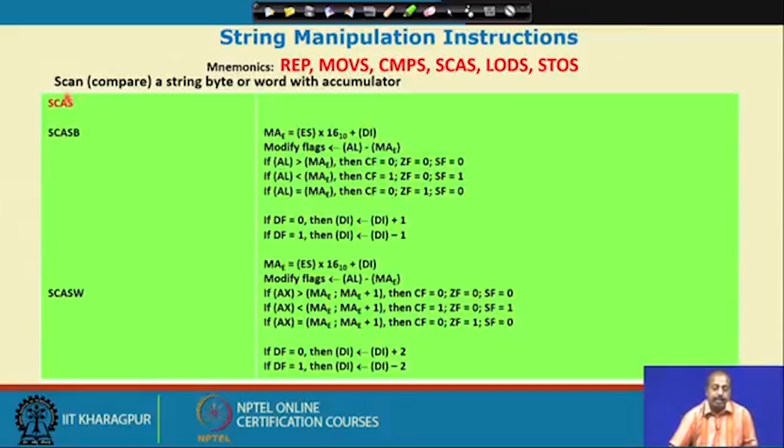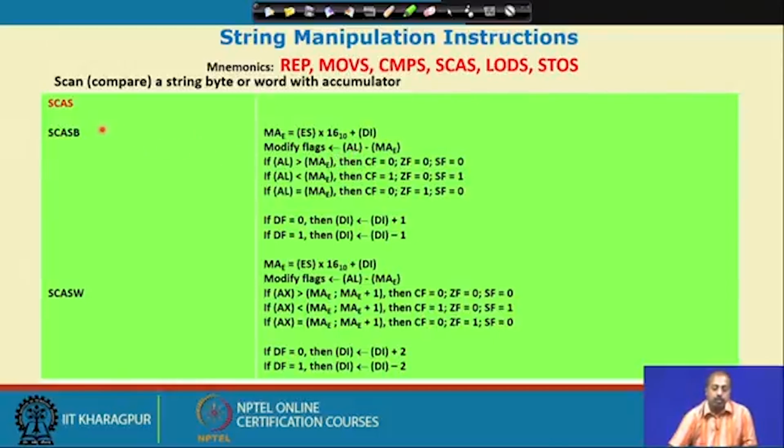Then there is a scan instruction, to scan a string byte or word with the accumulator. So, SCASB, what is it doing? Here only the destination address is taken, ES colon DI. That address is computed, that is MAE, and then it will be compared with the AL register.